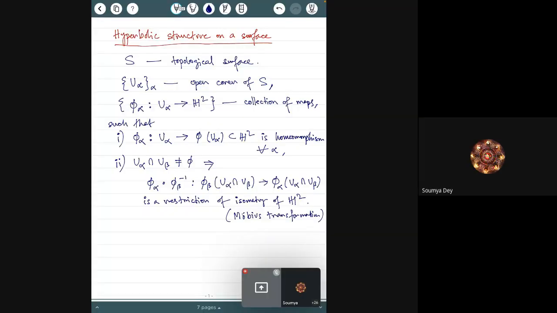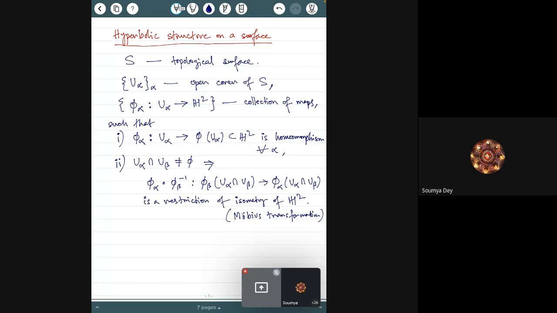And they have some properties. First of all, for each alpha, phi alpha from U alpha to the image of U alpha, which is a subset of H2, is a homeomorphism.